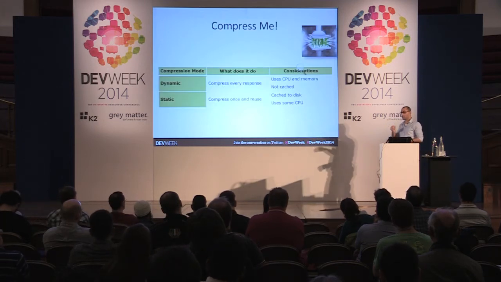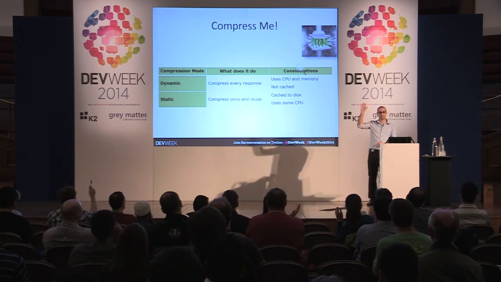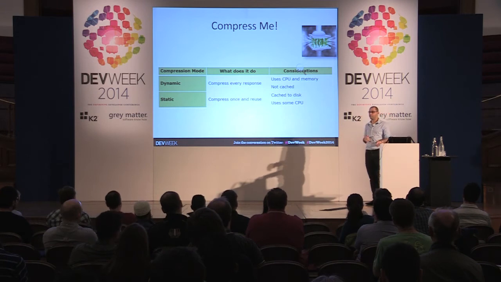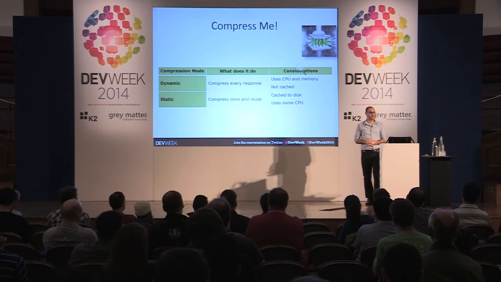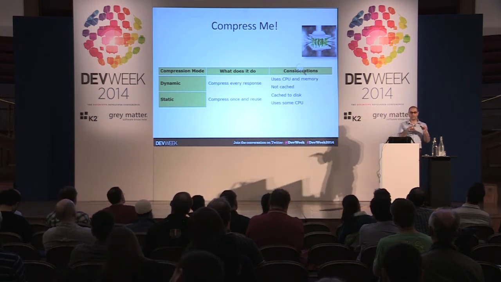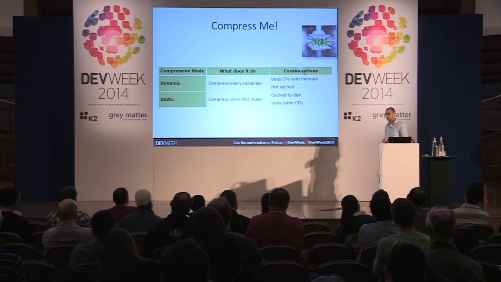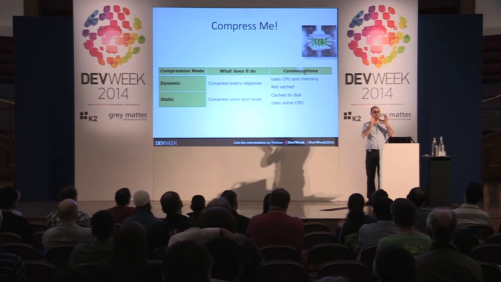How many people know that they activated the compression in their IIS servers? How many people think they have compression but never tested that? That's probably the case, because when you install IIS it automatically installs compression modules, but it only installs a compression module for static content.